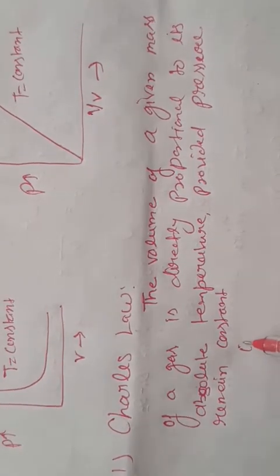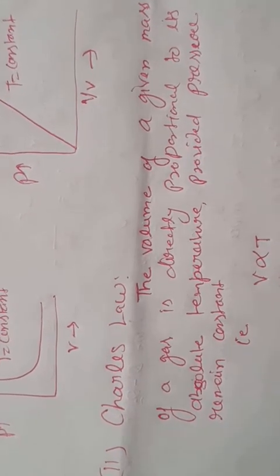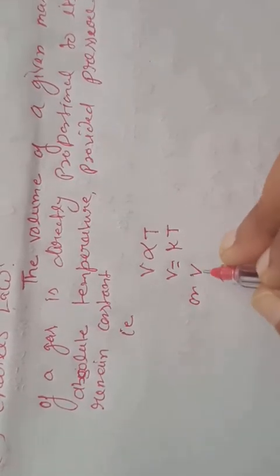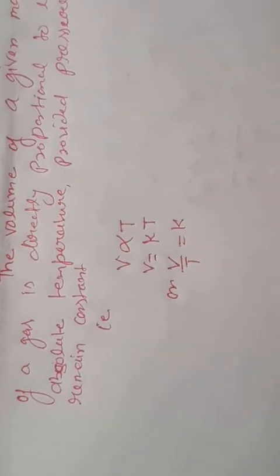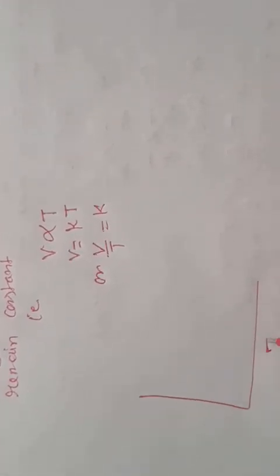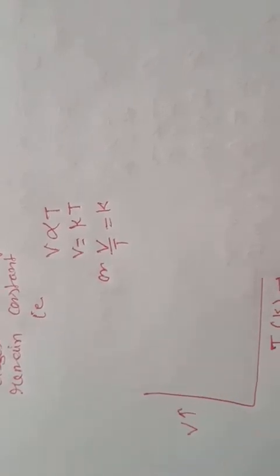That is, V is directly proportional to T. Remove the proportion sign: V equals KT, or V divided by T equals K. Again, we draw a graph between V and T, with temperature on the horizontal axis, measured in Kelvin, and volume on the vertical axis.